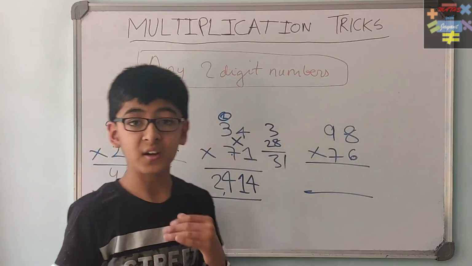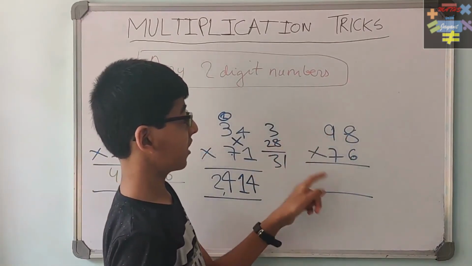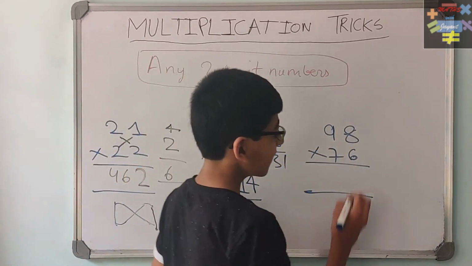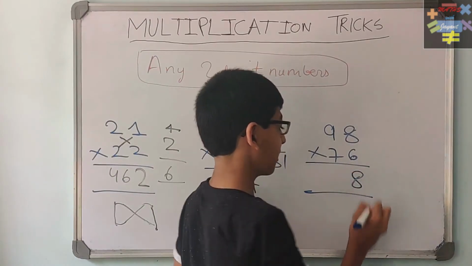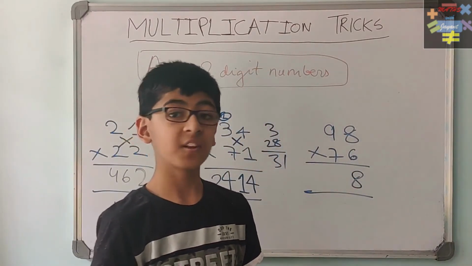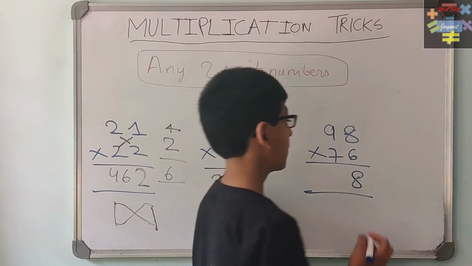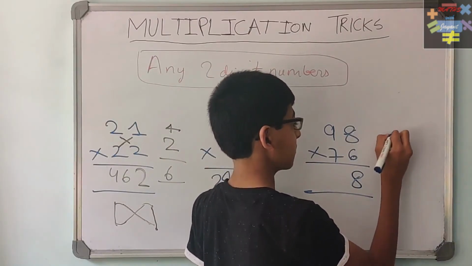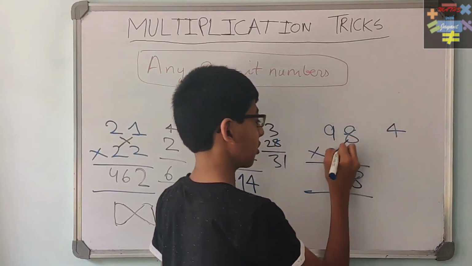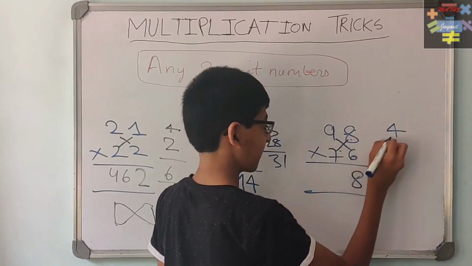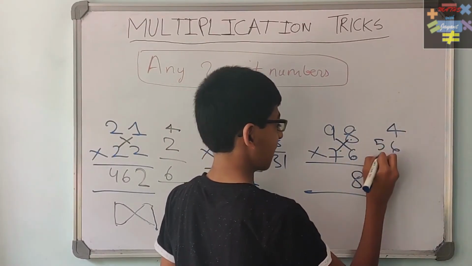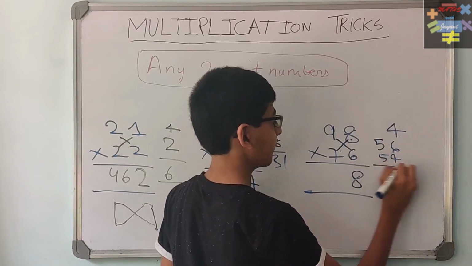Now let us solve the next question. 98 into 76. 8 6s are 48. Now over here itself, if we get a number that is 10 or bigger than 10, we add that with the cross multiplies. 7 8s are 56, 9 6s are 54.